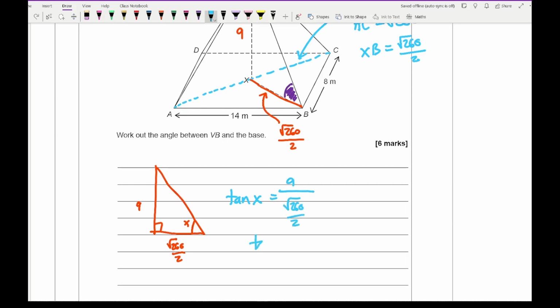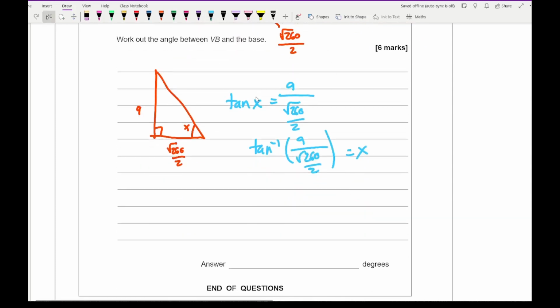And then so inverse tan of all of that, which is going to look extremely messy when you write it up, equals x. And I should get an x value on the calculator as 48.1458, which, rounding it, gives me 48.1 degrees. And there is my final answer, and that concludes the end of this test paper.